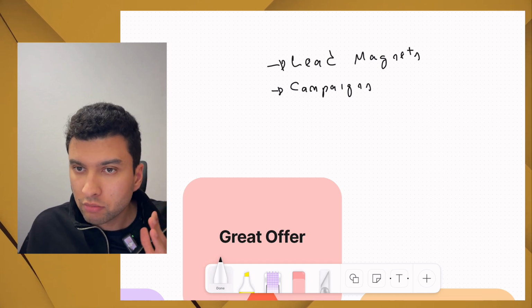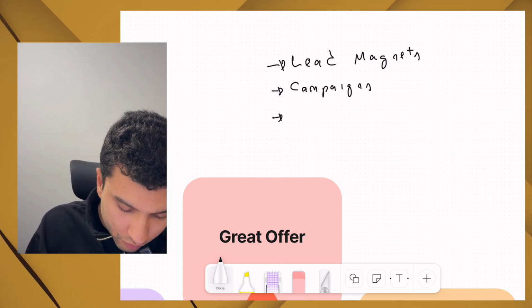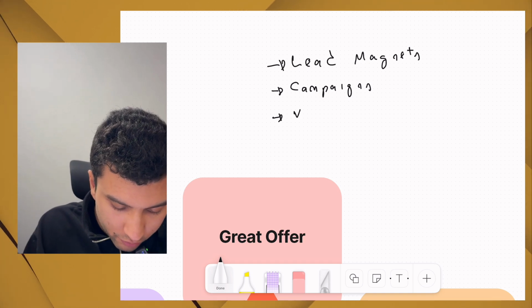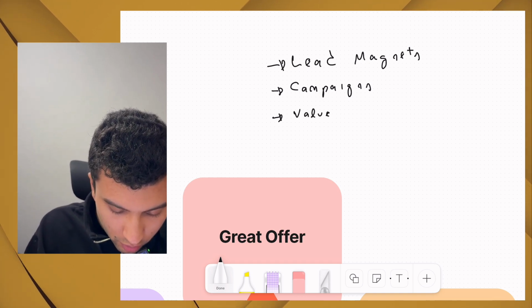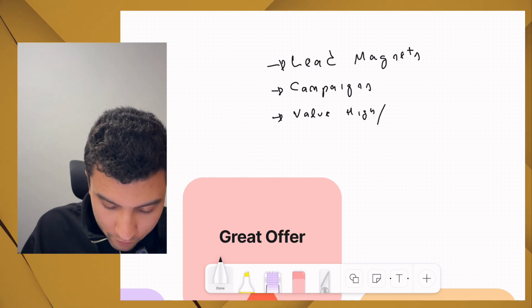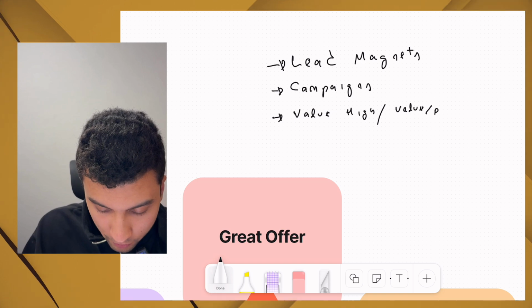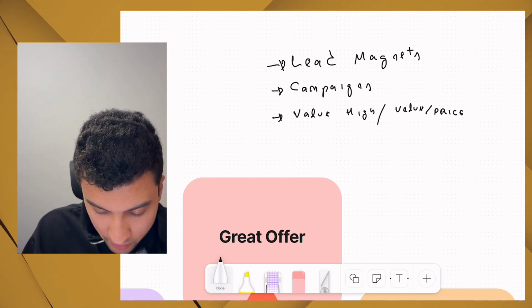But obviously, whatever you do, you just need to make sure that you have something that is valuable. So you need to make sure that your value to price is high, right?